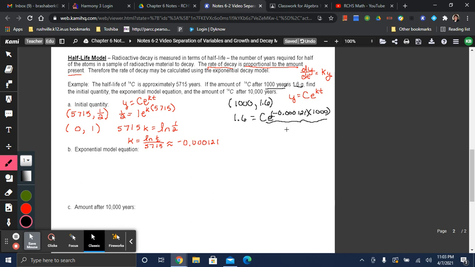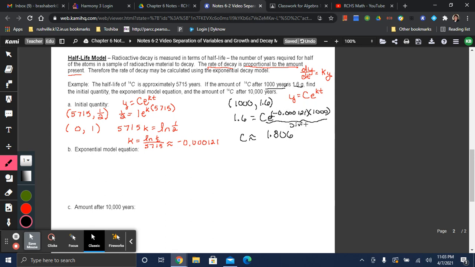This is an amount that I can divide by. And so my c will equal approximately 1.806.